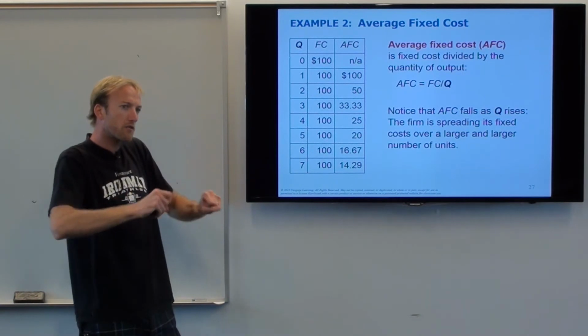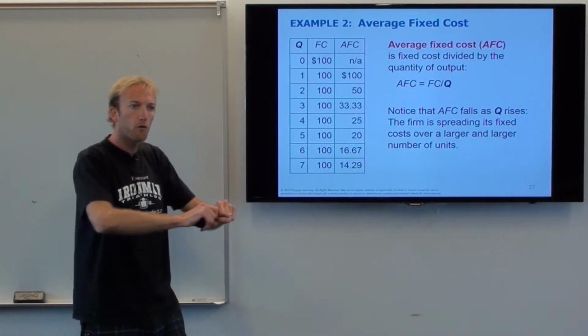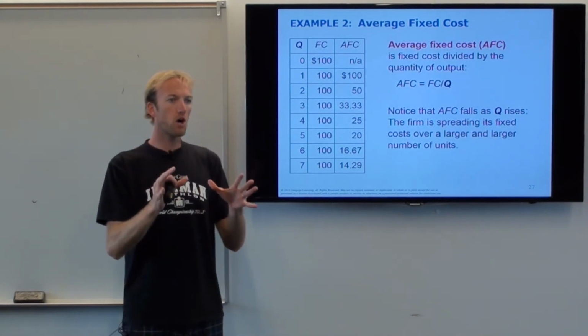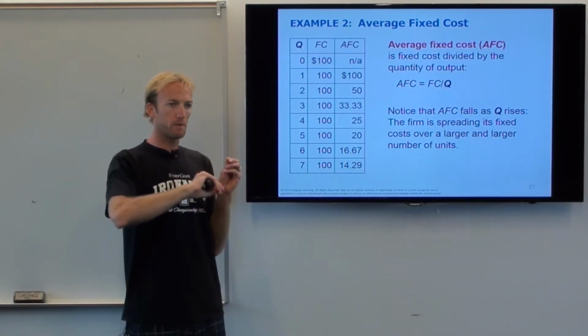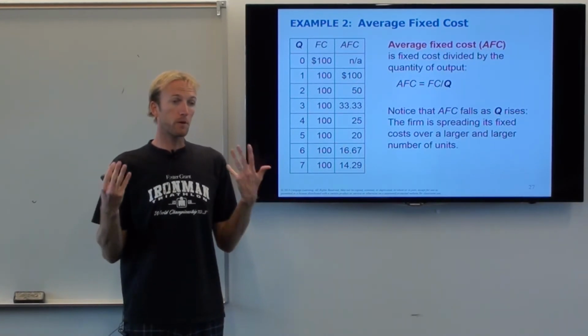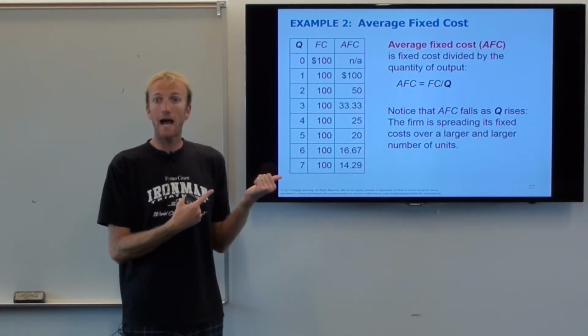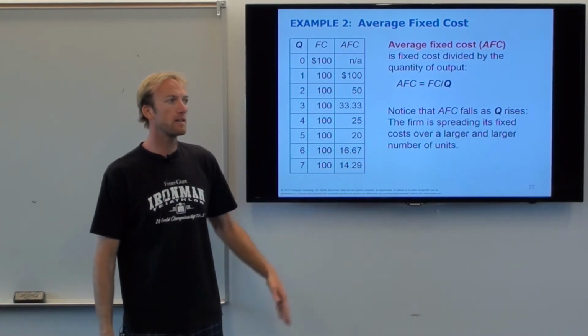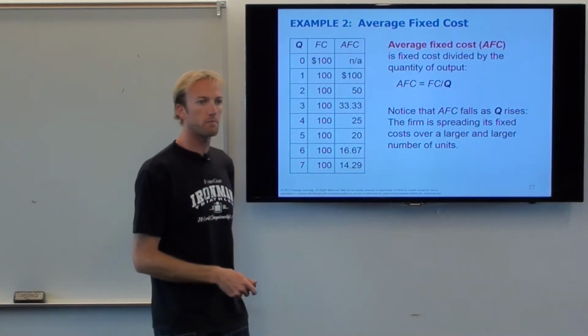Basically, you're spreading your fixed cost out over more and more units of output. So I have one fixed cost, rent, and I'm spreading it out on more and more units of output. So from a production standpoint, for fixed costs, I want to produce as many as possible, to spread this fixed cost out over as many products as possible.